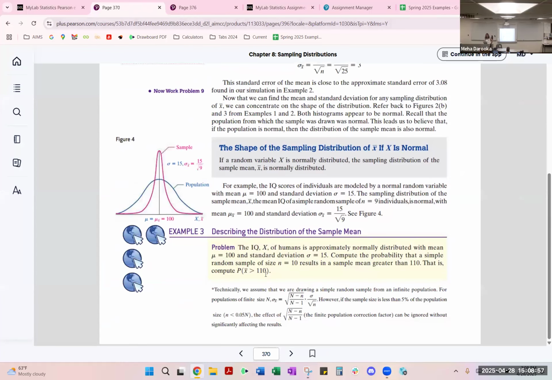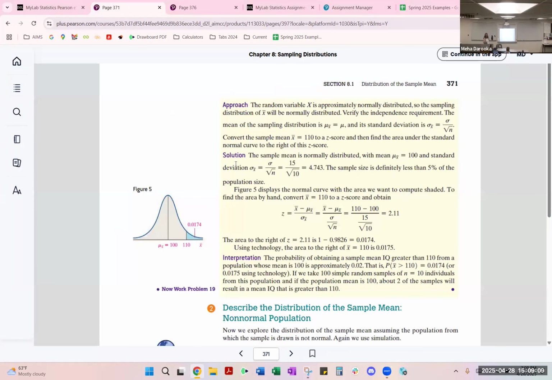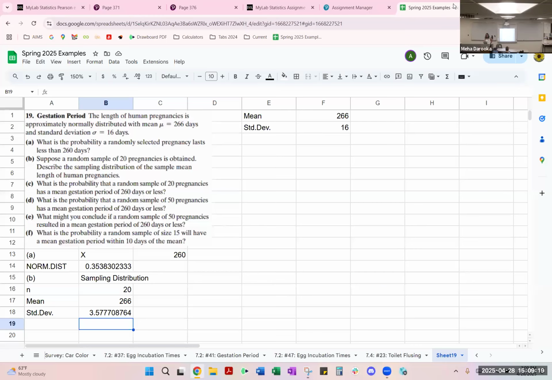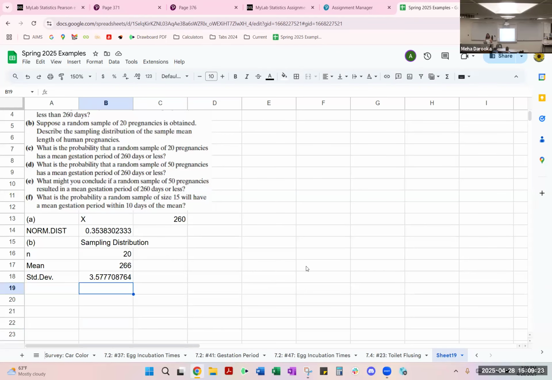So remember, this is where we get into these types of examples over here. You can see we have looked at this one, which has a greater than symbol, but you can still get the idea of how we need to go about doing this. We're still talking about less, so we don't really have to use the complement rule or anything like that. So same process as we did before.